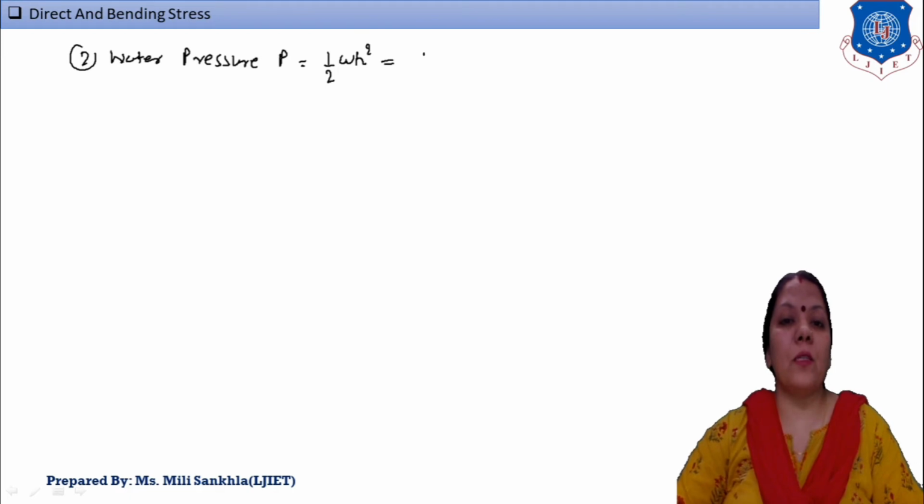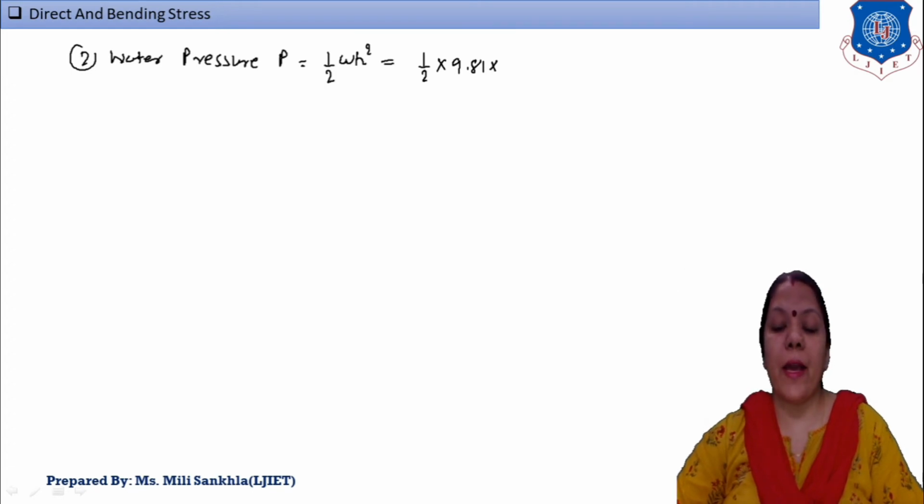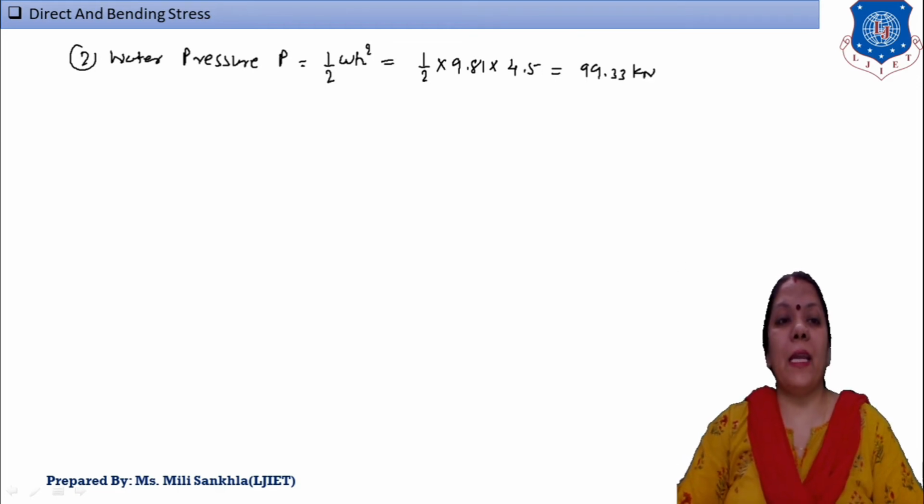Here w means density of water is equal to 9.81 and height of our dam is equal to 4.5, and answer of this P is equal to 99.33 kilonewton. Okay, second is our water pressure.